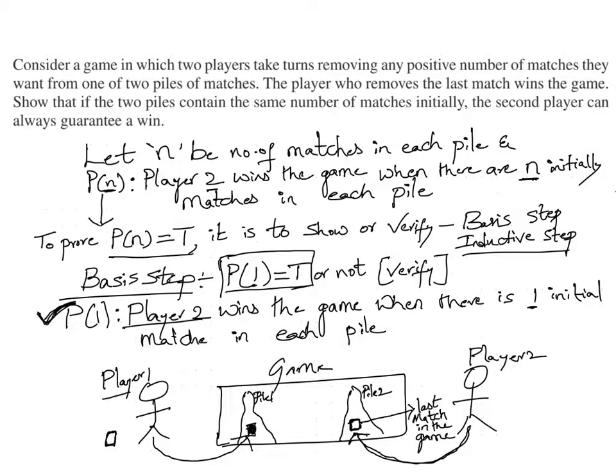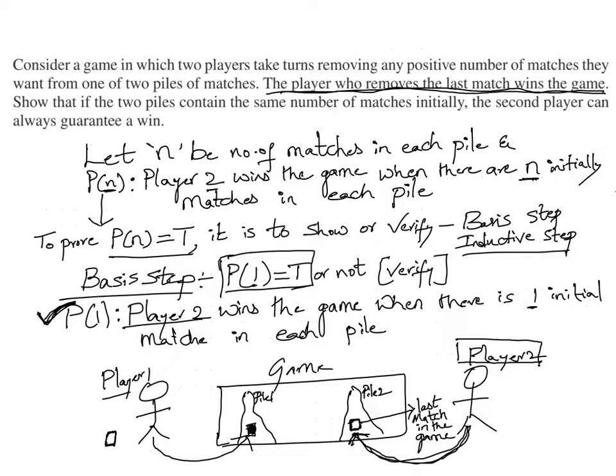See here, I am underlining: the player who removes the last match is going to win the game. Now player 2 removes the last match, so that's why player 2 is the winner of this game.